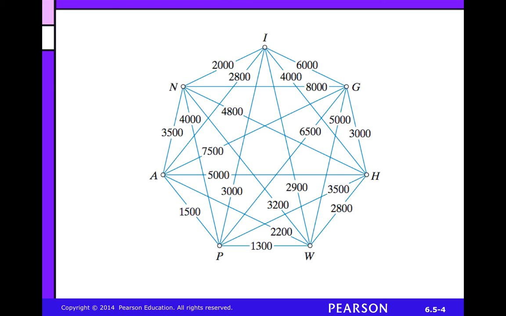So what I'd like is for those 7 edges to be as cheap as possible. So I'd like for this PW edge to be one of those edges. I'd like this AP edge to be one of those edges also. And I'd like this NI edge to be one of those 7 edges. So far, 3 of the 7 edges in my path are accounted for. And they were the 3 cheapest in the graph.